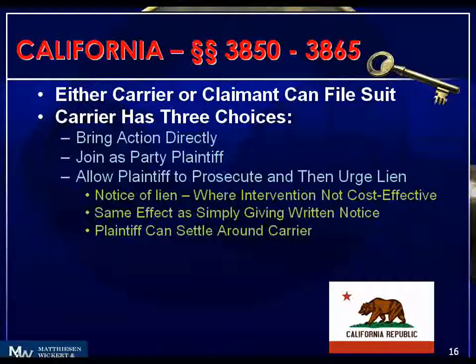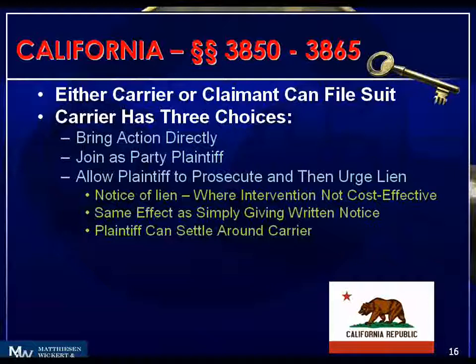So my recommendation is to join as a party plaintiff, always. Not simply do a notice of lien, unless the lien is under $10,000 and the case is somewhat speculative. Doesn't look like it's a good case. And don't rely just on your own judgment on whether or not it's a good case. I would rely on the plaintiff's attorney, his initial impressions of the case, and subrogation counsel.